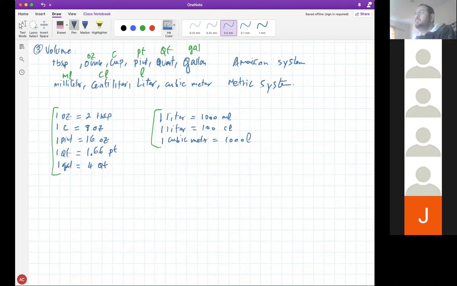So you need to remember the names of at least a few common units and how to convert from one to the other. We said 1 tablespoon is 2 ounces, 1 ounce is 8 cups, and so on. Also the international ones, it doesn't hurt if you know a few. It's really useful.